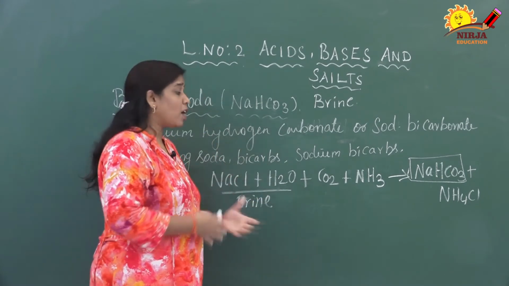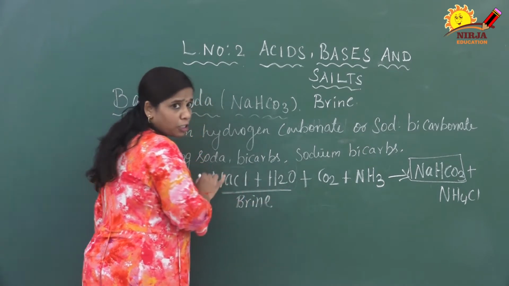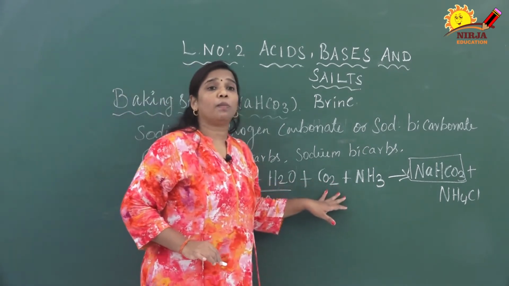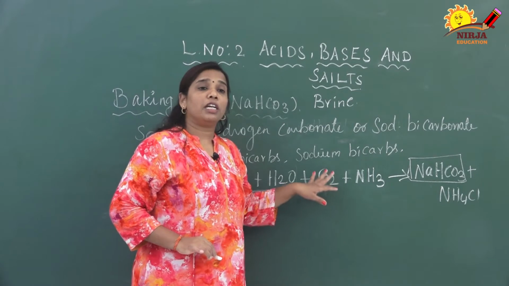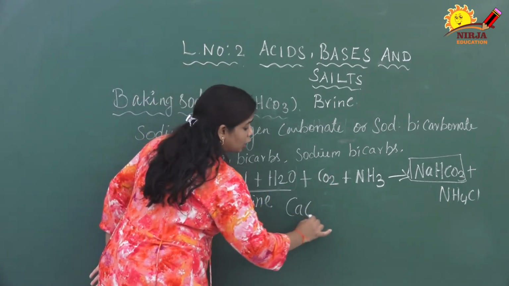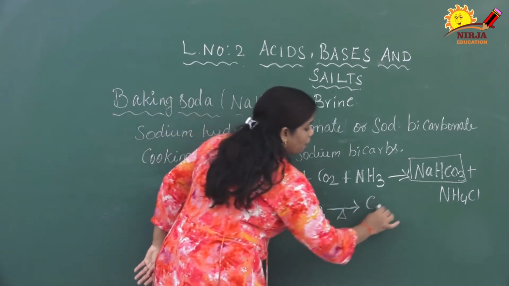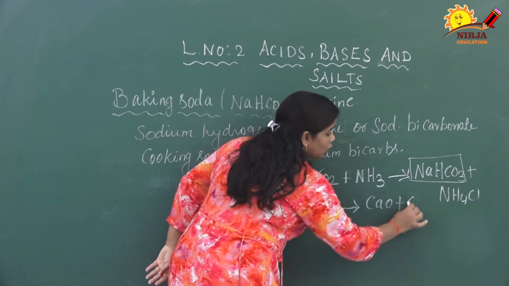Clear? Where do we get these reactants? Here we get brine solution from the chloroalkali process. Then what about carbon dioxide? This carbon dioxide we get when we heat calcium carbonate, CaCO3. When we heat it, it decomposes into calcium oxide and carbon dioxide.